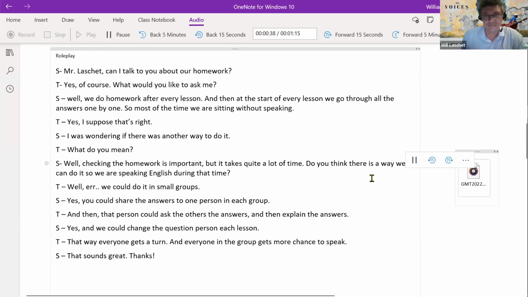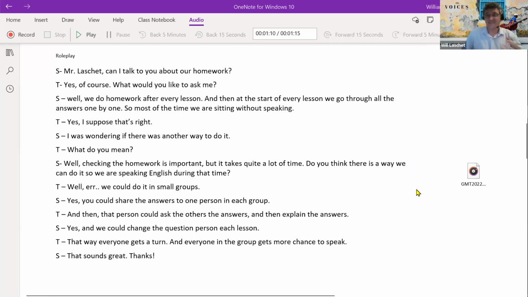Do you think there's a way we can do it so we're speaking English during that time? Well, we could do it in small groups. Yes, you could share the answers to one person in each group. And then that person could ask the others the answers and then explain the answers. Yes, and we could change the question person each lesson. That way, everyone gets a turn and everyone in the group gets more chance to speak. That sounds great. Thanks.